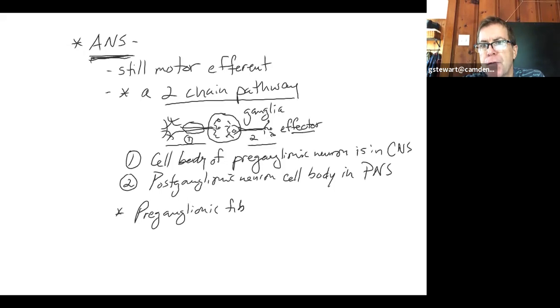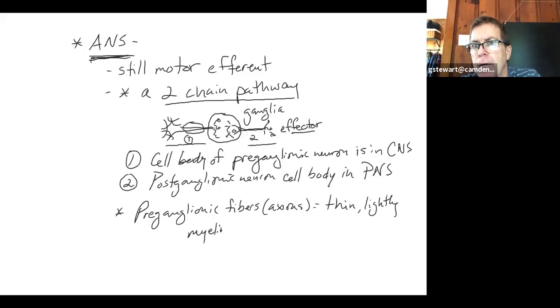Preganglionic fibers, that means axons, in the autonomic nervous system are thin and lightly myelinated. So that means in this first neuron in the chain, there's a little bit of myelin around the axon, and it's a relatively thin axon.